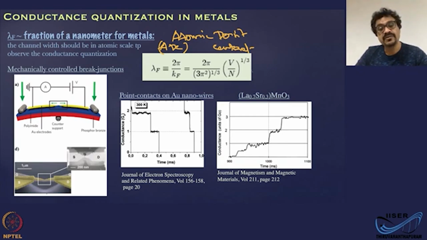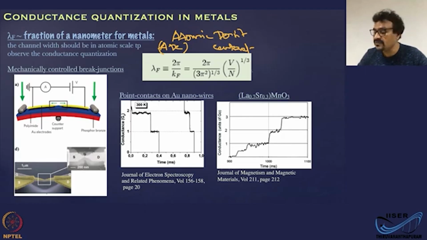The Fermi wavelength for semiconducting systems, such as the two-dimensional electron system, is pretty large, because the Fermi wavelength λF goes up as the carrier concentration goes down. This is n, the carrier concentration. It is 1 by n. So for metals, the carrier concentration is very, very high.